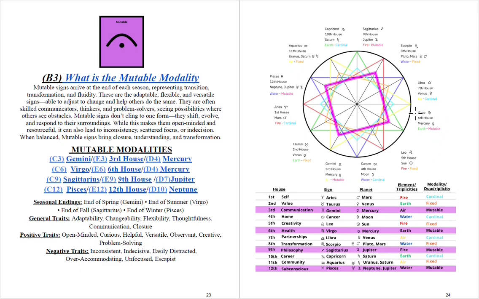The 6th house is Virgo, shares rulership with Mercury with Gemini. And we go to the next house, which is Sagittarius, in the 9th house, and it rules Jupiter. And over here is Pisces in the 12th house with Neptune. Now, once upon a time, it did share Jupiter. But again, we'll talk about that in the planet section in D.